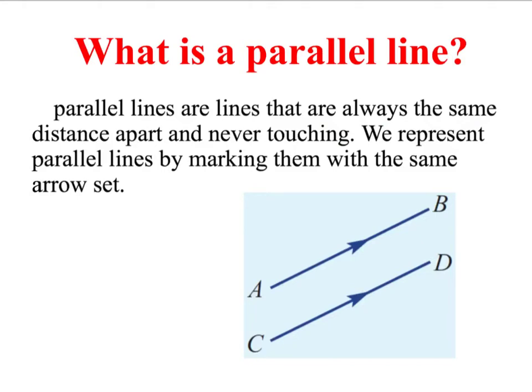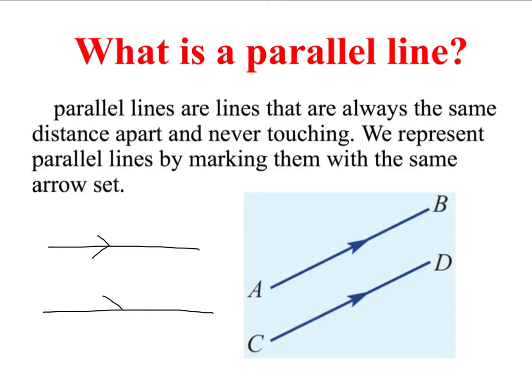Now, we've been looking at identifying angles and doing certain annotations or little drawings on diagrams in order to be able to represent things. Now I can't just draw my lines like this and say, yep, they're parallel. There's something that I put on those lines that helps us know that they're parallel, and they're these little sets of arrows.